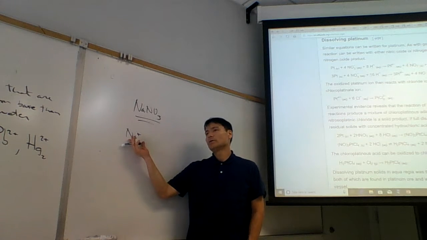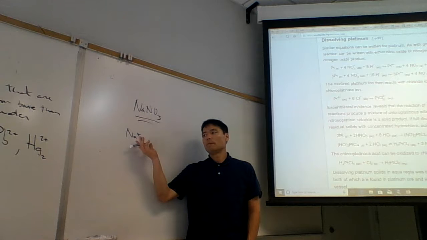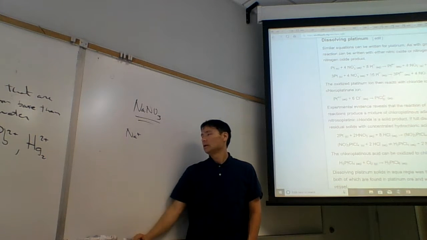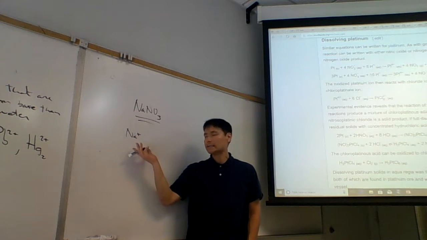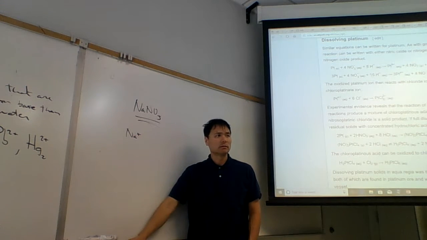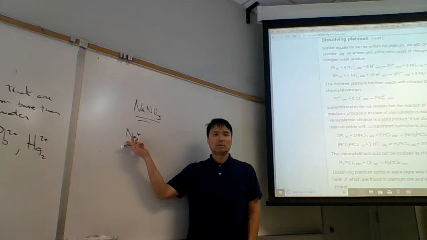And so we think, okay, what metathesis reactions can take place with sodium ions? What anions does the sodium ion like? And you would say, none, right? Because all group 1 salts are soluble.